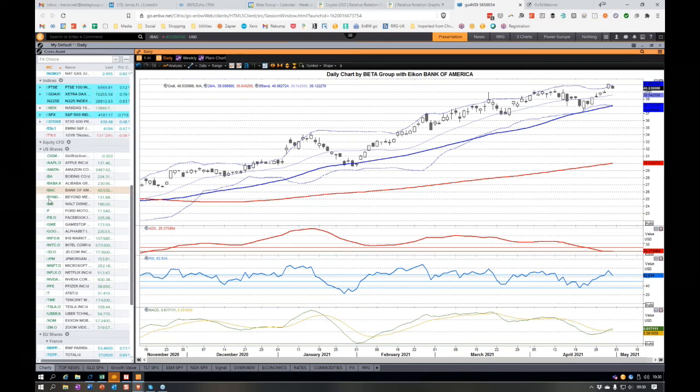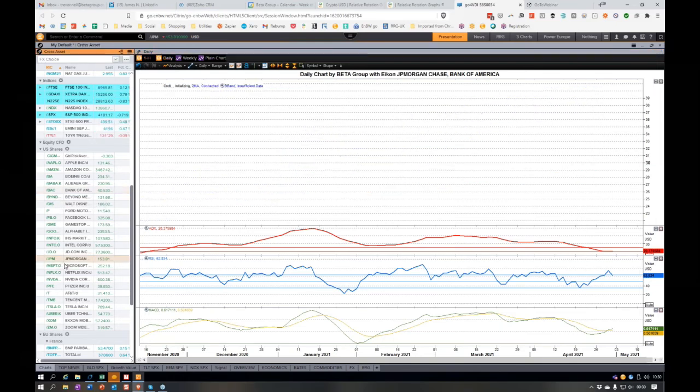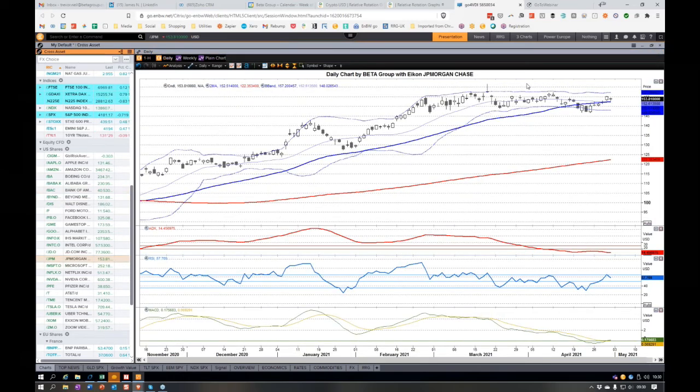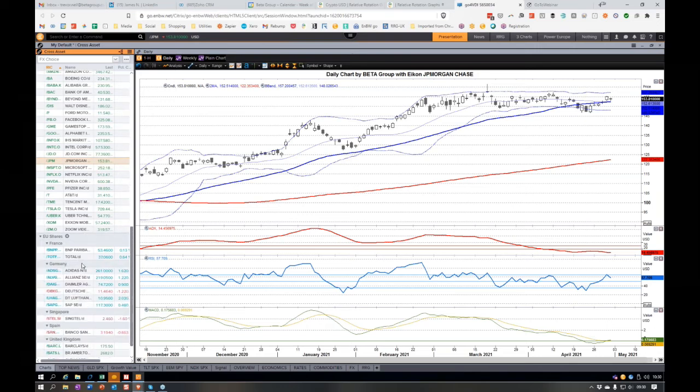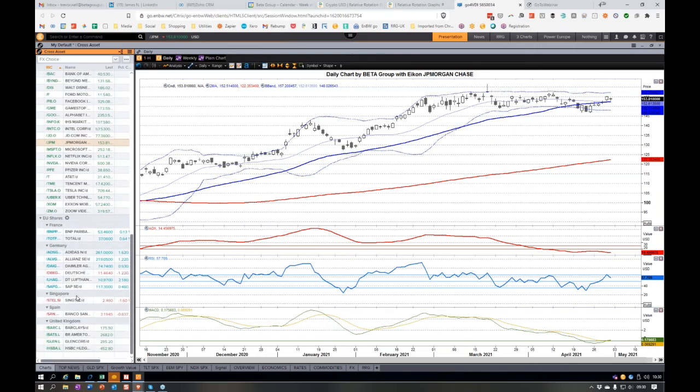Made this big break to new highs when it cleared the 35, 36 area here, and the chart is looking very strong indeed, and it's making new highs. This looks like how the tech stocks used to look, doesn't it? And then the US banks, all of them looking pretty good. JP Morgan is a bit flat, but generally all the banks looking good.